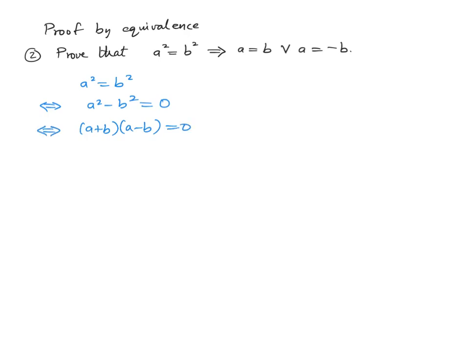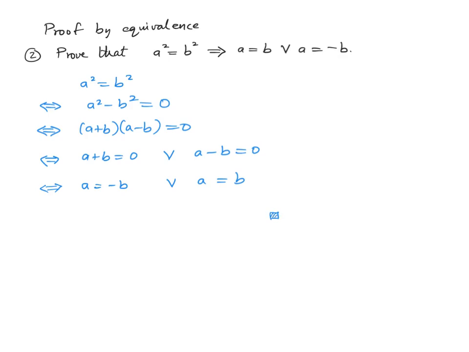Now I can set each of those equal to 0: a plus b equals 0, or a minus b equals 0. And again, these are equivalent statements. And now I can say, well, that means that a equals negative b, or a equals positive b by basically subtracting or adding b to both sides. And here's the equivalence. And that's basically the end of the proof, because that's exactly what we were trying to do.